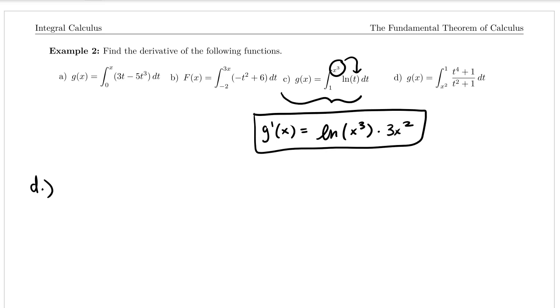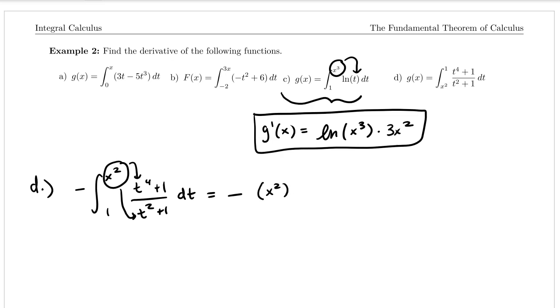And then for part D, if we rewrote it with the negative, so again, I'm going to rewrite this. I have the negative sign, and then anywhere I see a t, I'm going to replace it with my upper limit of integration.